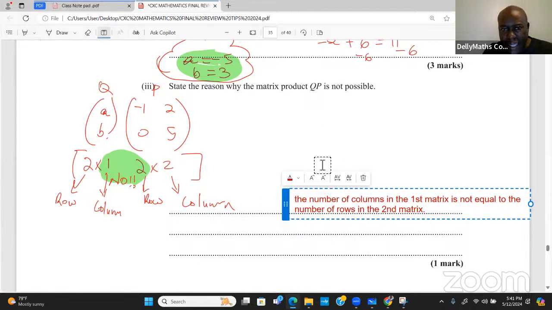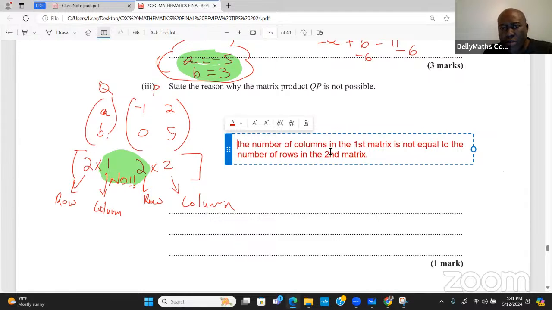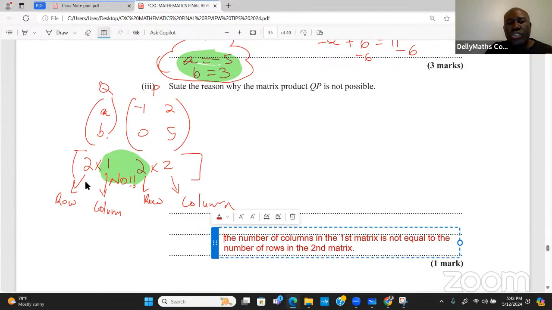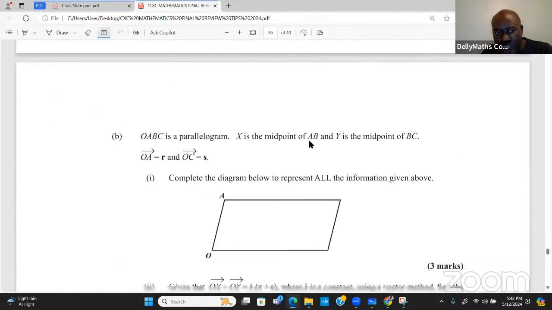That is why it doesn't work. So it doesn't work because the number of columns in the first matrix is not equal to the number of rows in the second matrix. So either you state this, or you could just write out 2 by 1, and then 2 by 2 and say no in the middle, circle it. They work with that. I've seen that. All right. So matrix is finished.